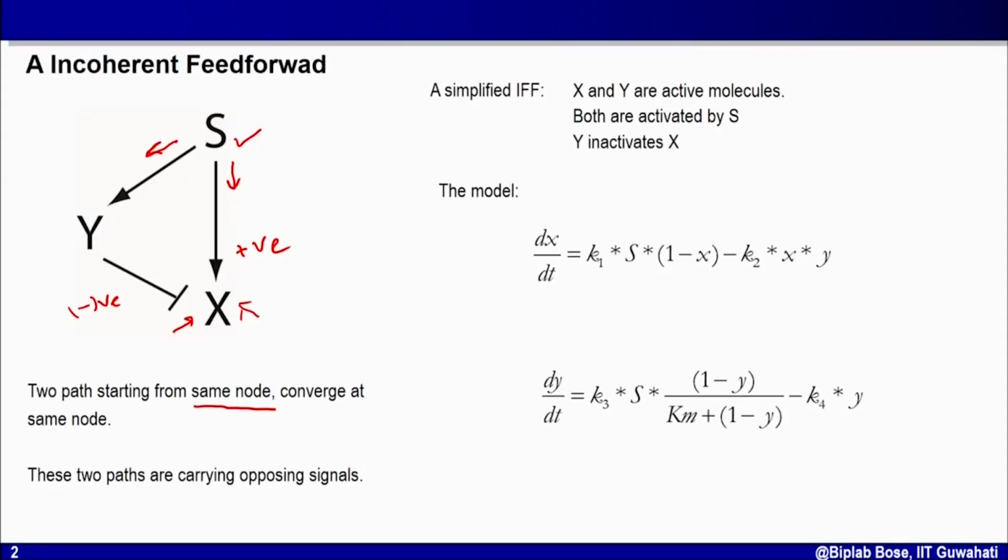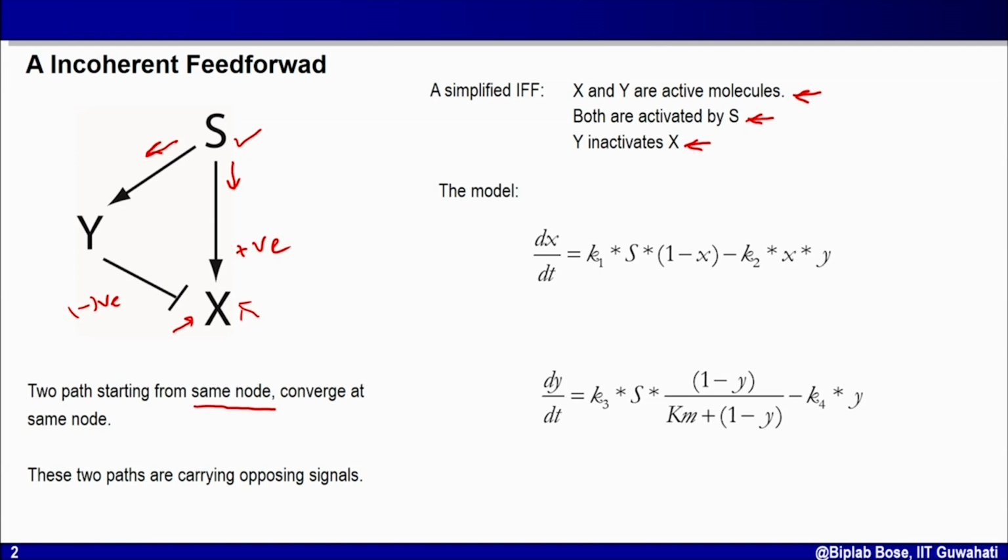So I have considered that both X and Y are active molecules. I have not separately shown the inactive state of X and Y. Both X and Y are activated by S, that's what is shown in the figure also, and Y inactivates X.